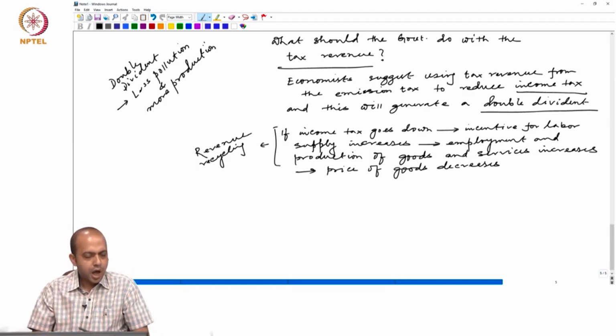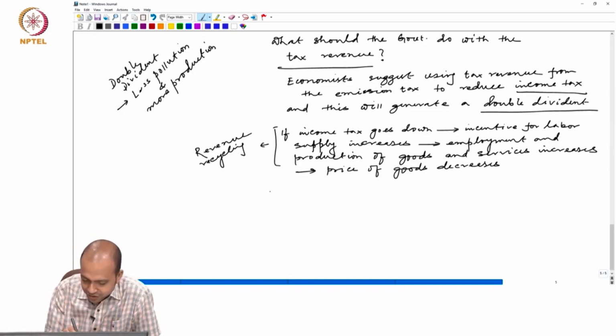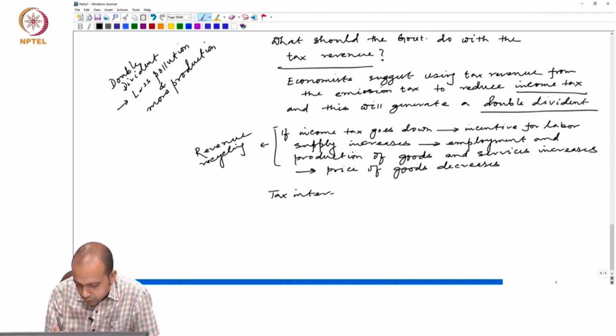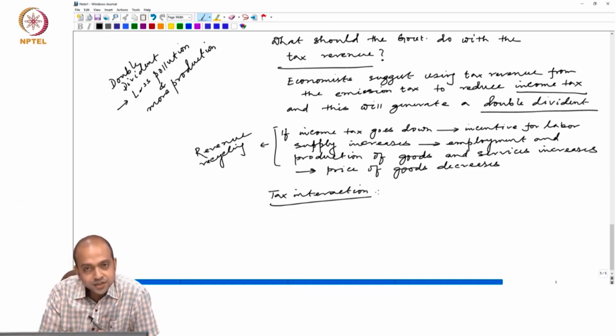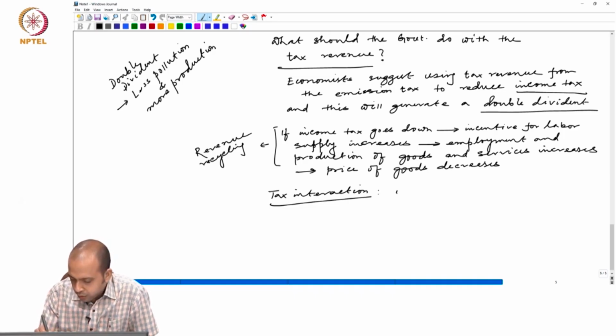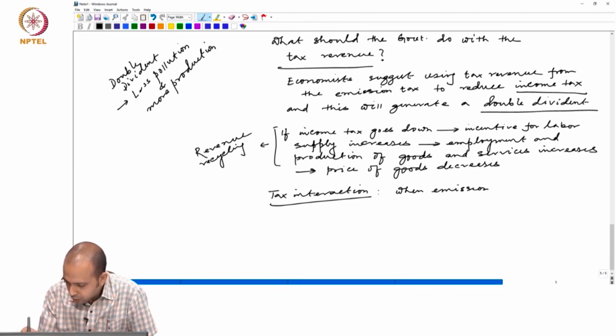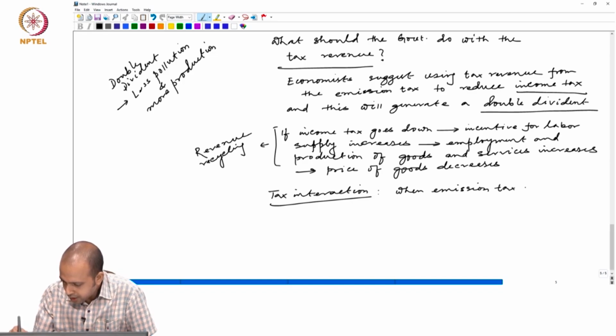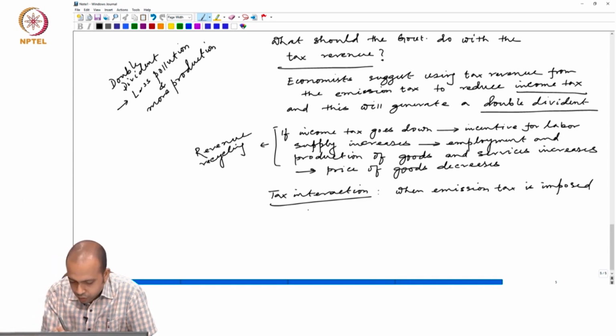But another group of economists say that this emission tax has another effect also, which is called the tax interaction effect. What is this tax interaction? When emission tax is imposed, what will happen?